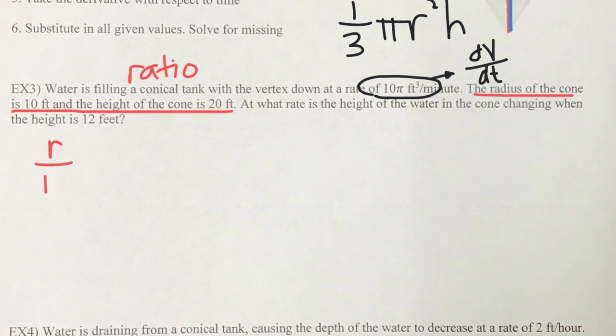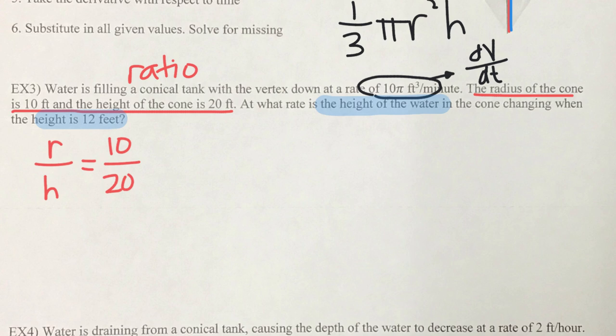So the radius to the height ratio, a comparison. The maximum radius is 10 and the maximum height is 20. We're going to need this in a second, because it says, at what rate is the height of the water changing when the height is 12 feet?